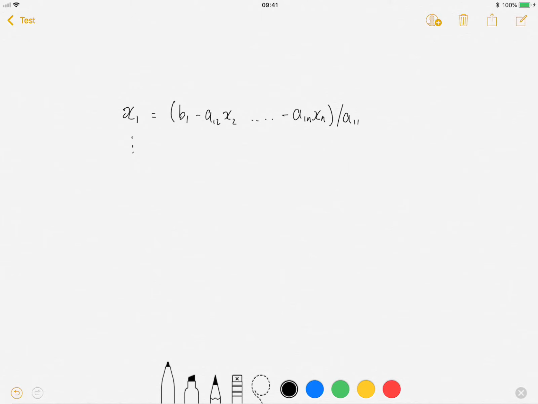And in a similar fashion, xn is equal to bn minus an1 x1 all the way to an n minus 1 x of n minus 1, divided by our nth row and nth column element.